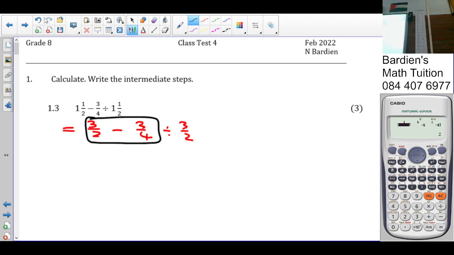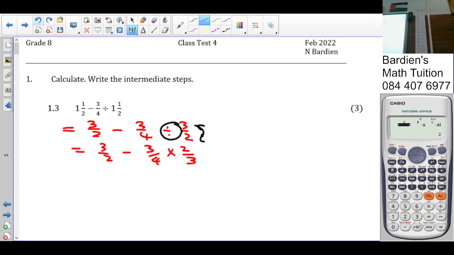So you're going to change that division to multiplication. You tumble and times. So it's going to be 3 over 2 minus 3 over 4 times 2 over 3. 3 cancels 3. 2 going into 4 twice. So it's going to be 3 over 2 minus 1 over 2. What's 3 minus 1? 2 over 2, which is?